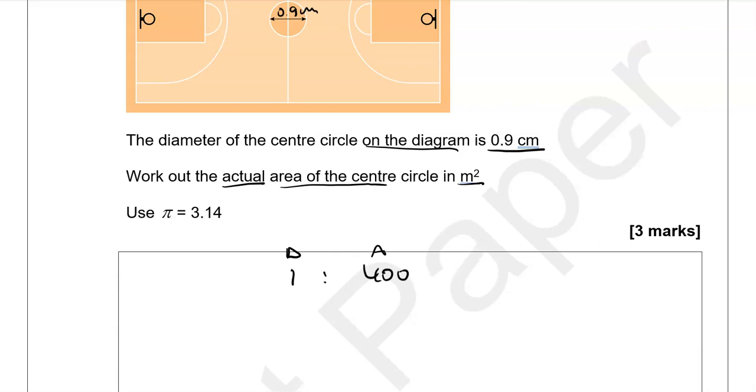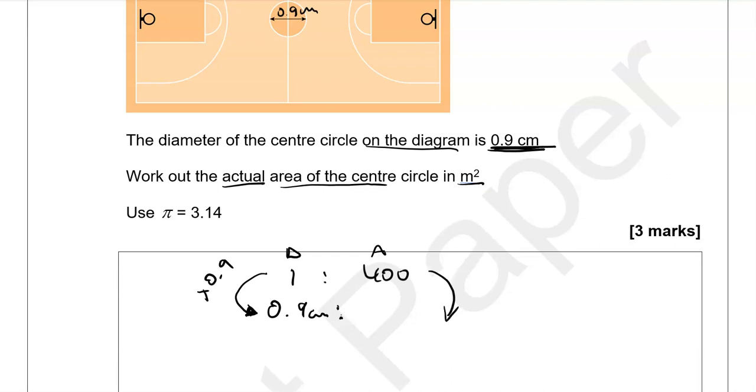So now we've got that being equal to 0.9 centimeters on the diagram. So we're going to work it out in reality. To get from 1 to 0.9, we've multiplied by 0.9.